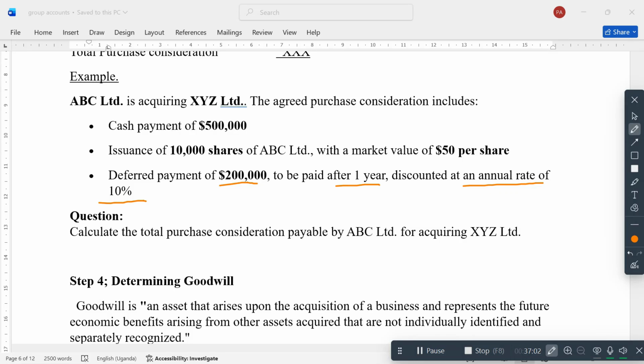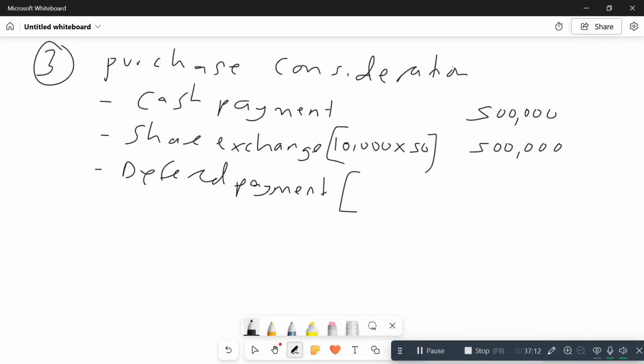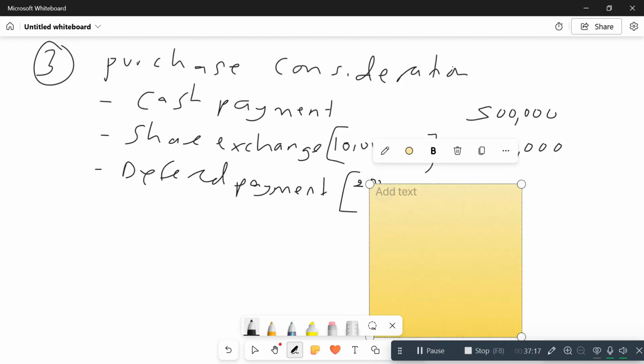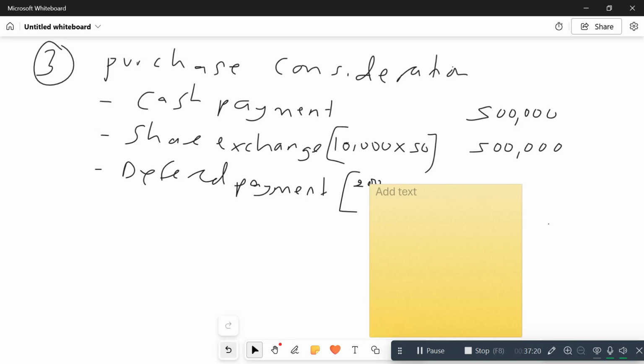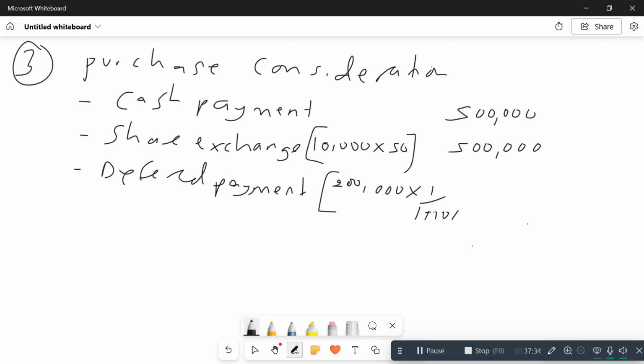We shall just get this times the discount factor. Here we are going to have 200,000 times 1 over 1 plus 10% to the power of 1 year. This is the formula for the discount rate.